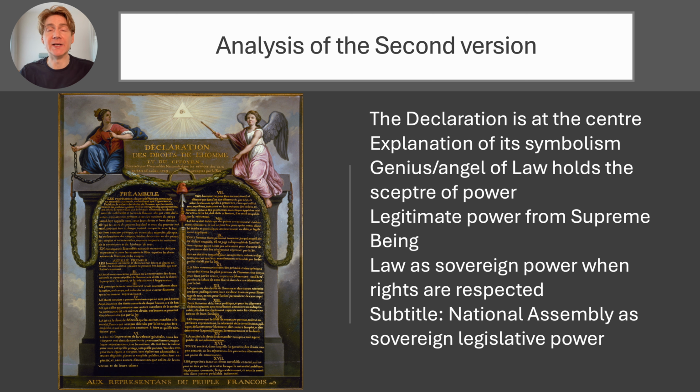As the engraving states, the right figure is the law, and since she is a winged allegory, we have to interpret it as the genius of the law.